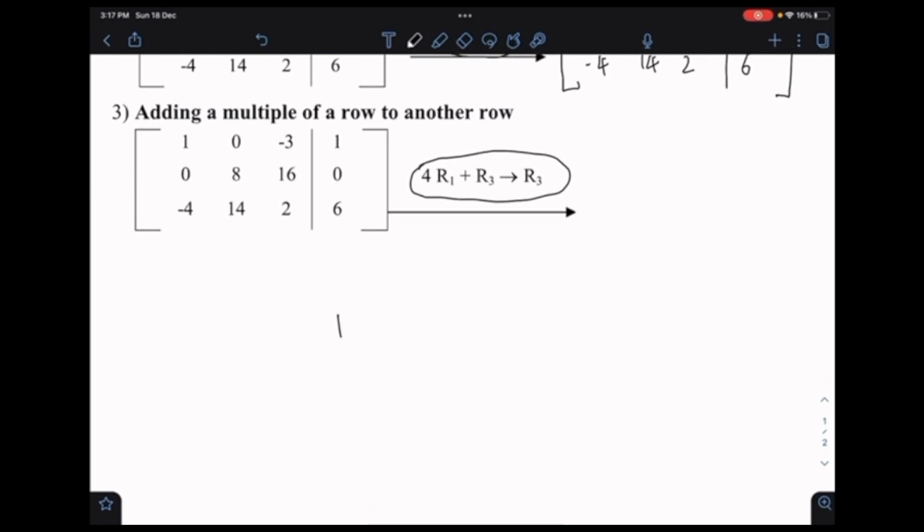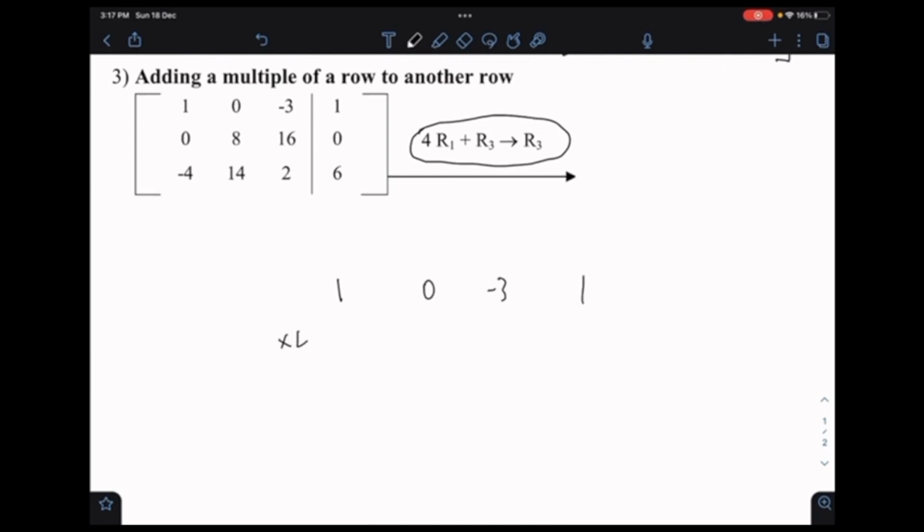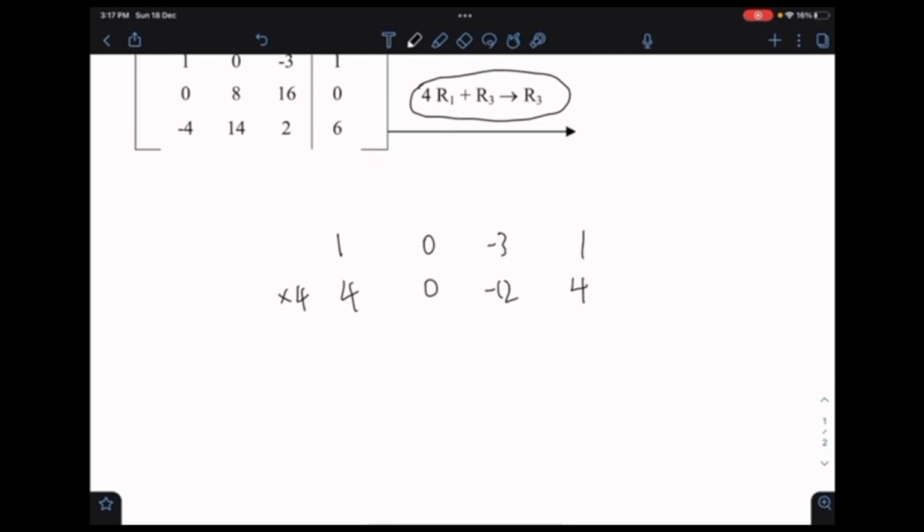So row number 1 is 1, 0, negative 3, 1. If we multiply it by 4, we will get 4, 0, negative 12, 4. Then the next step is to add this answer to the original row number 3.